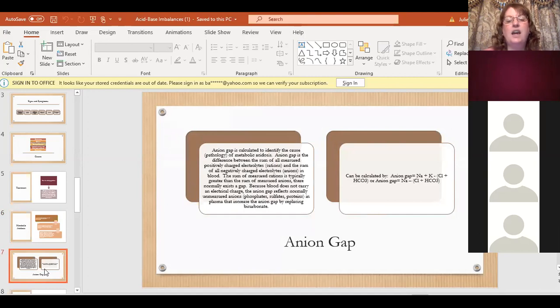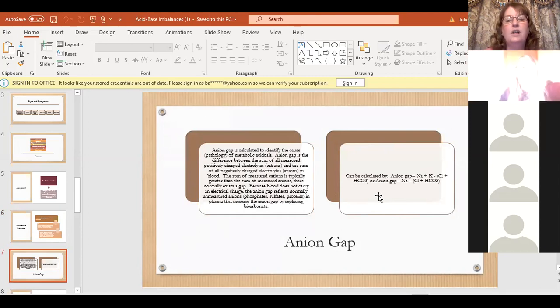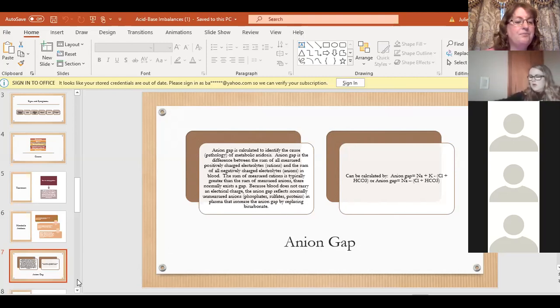The anion gap has this formula that's listed right here on the slide that I would not expect you to know or do, so don't worry about that. It's just FYI, so that you can figure out what the cause is. After you read this, it'll make more sense.